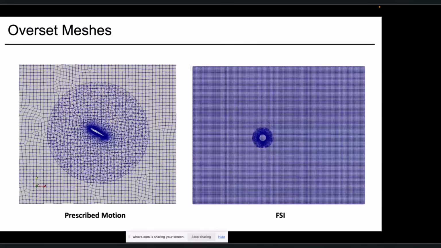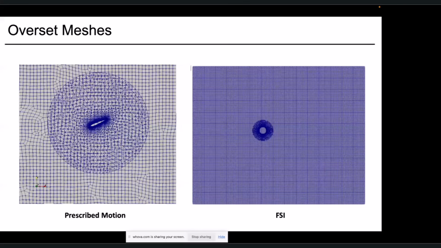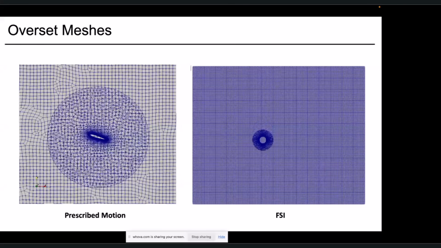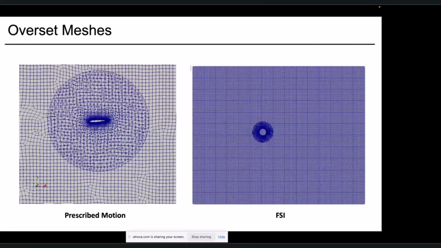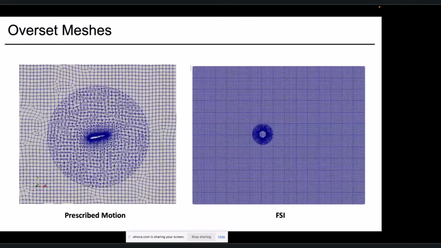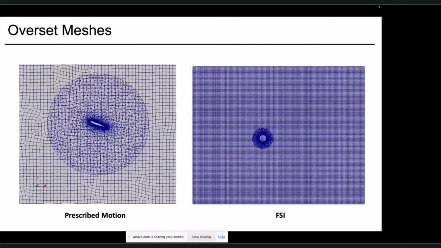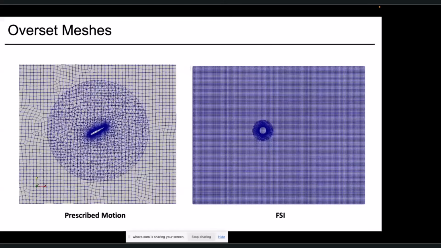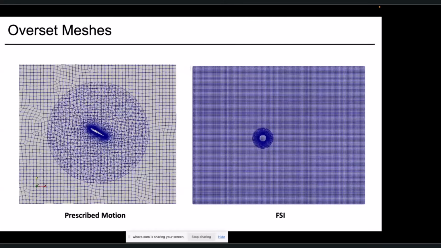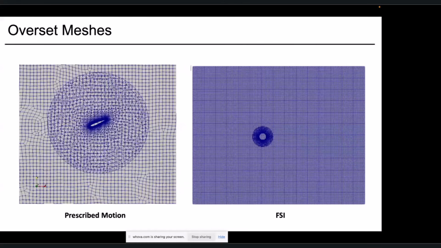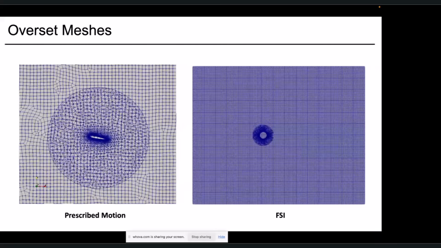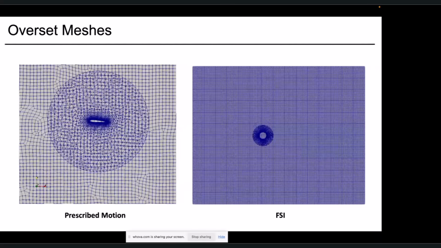The first example of the flapping airfoil shows that both mesh regions are unstructured meshes prepared in Fluent, which we import into OpenFOAM using fluentMeshToFoam and then merge together. Whereas the second example shows structured meshes prepared using the blockMesh utility.